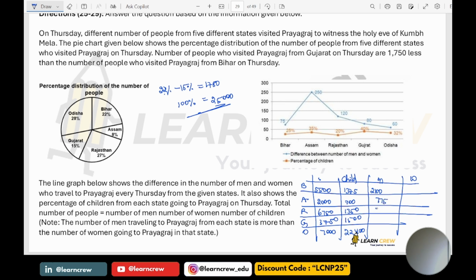Here you will get 2760. Here you will get 1165. Here you will get 2410. And how many women are there? 2100 minus 75, which is 2025. 775 minus 250, which is 525. Like that, it is 2640, and this is 1085, and this is 2350. Now you have all the values.